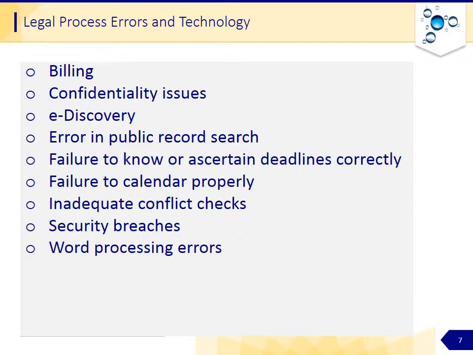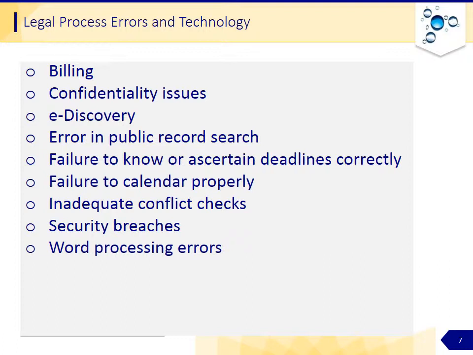Errors can occur in the e-discovery process. There could be errors in public record searches, failure to know or ascertain deadlines correctly, failure to calendar properly, inadequate conflict checks, security breaches, and then word processing errors. These are all errors that are specific to the legal process aspect of handling legal matters, and this is why it's important to have a system to address these.